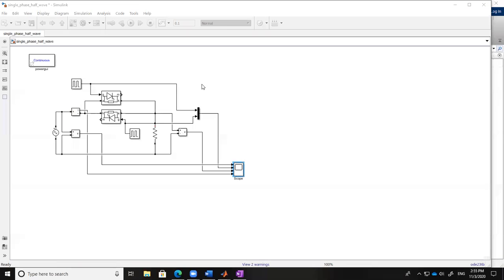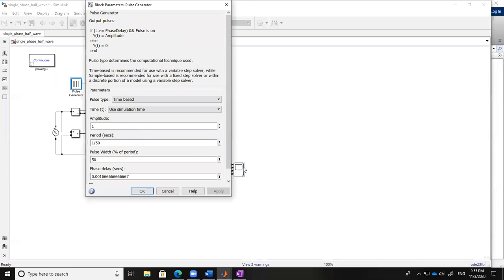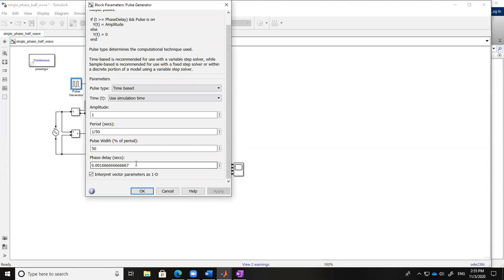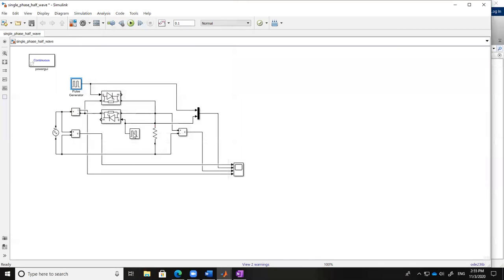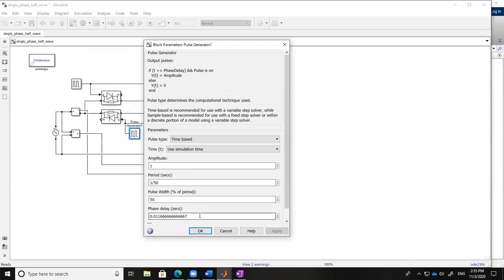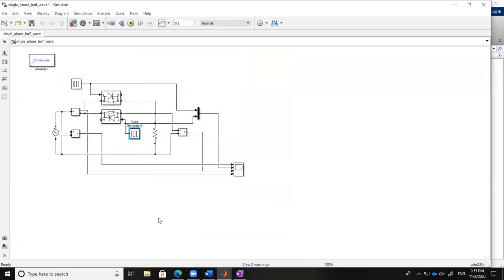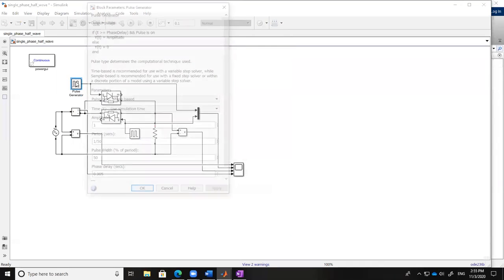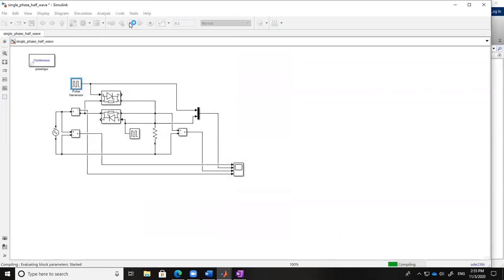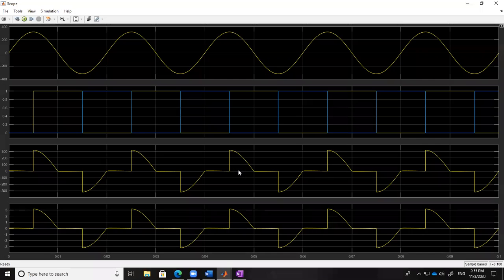Now I will further delay, like here I am going to keep 0.005, which will make 90 degree, 5 millisecond for 50 hertz. Whereas here I will keep 0.015, so this will make 90 degree, and then I run it again.